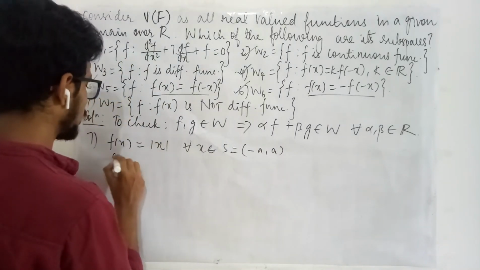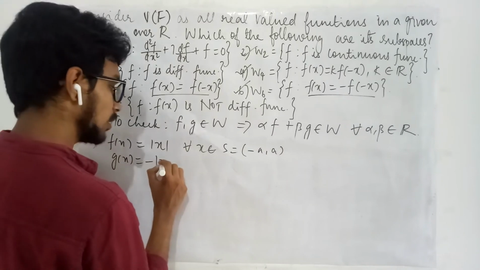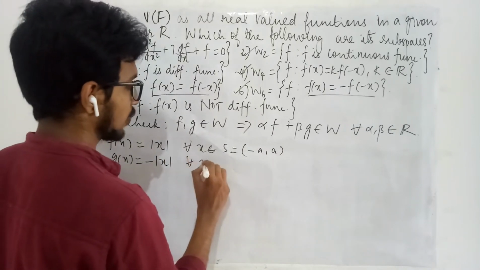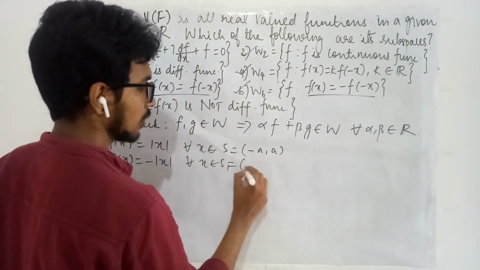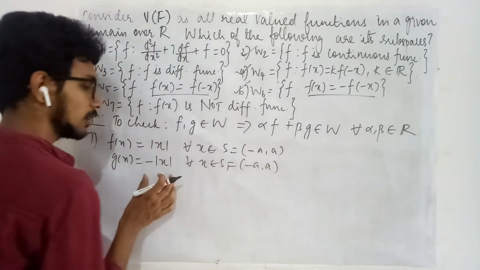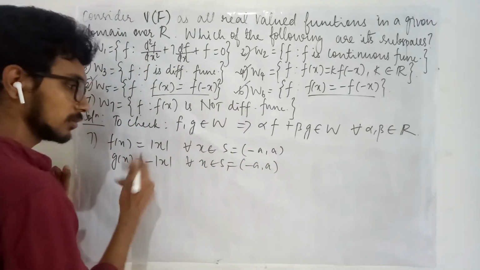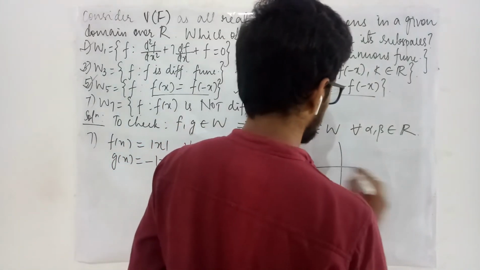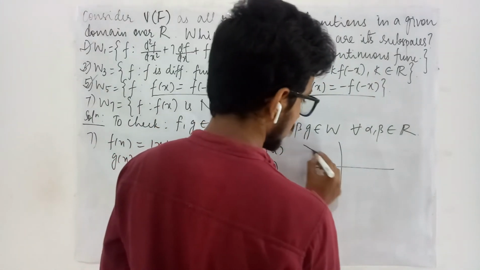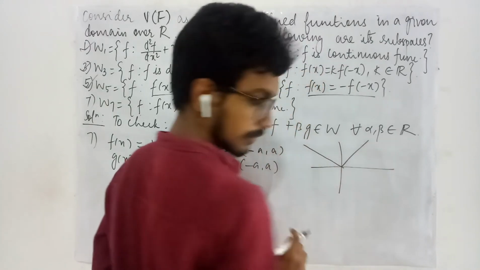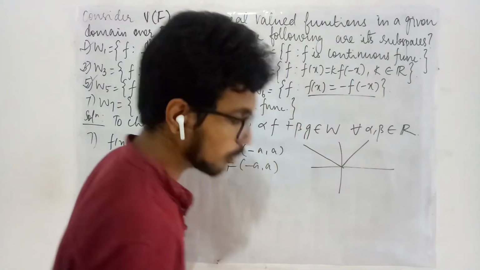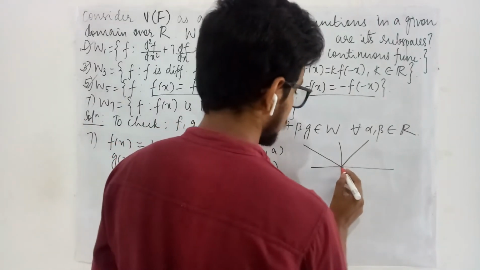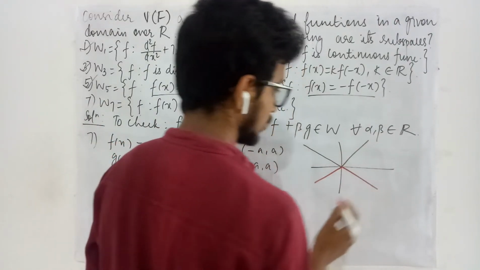Similarly, let me take g of x to be minus absolute of x for all x in S. It is also not differentiable at 0, which means if I plot this in a graph, I will get it like this. When I try to plot the second function, my g of x, I will have it like this.